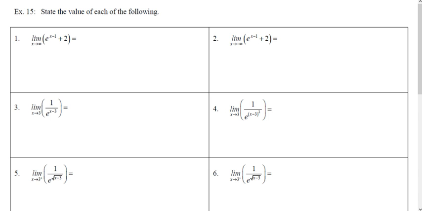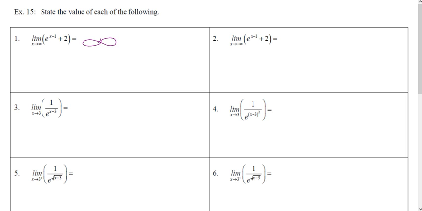So we really have infinity plus 2, which is just infinity. X is huge. You subtract 1 from it, it's still huge. Raise e to the power of a really big number, you get a really big number, and then add 2 to that.